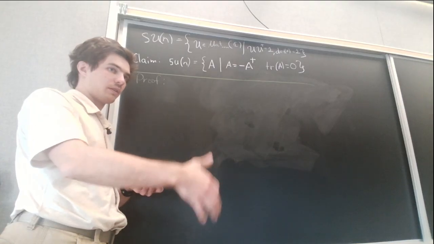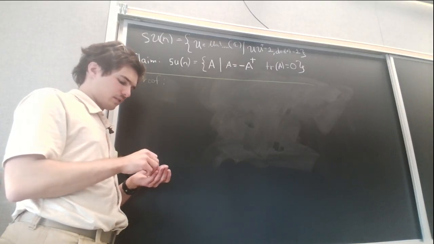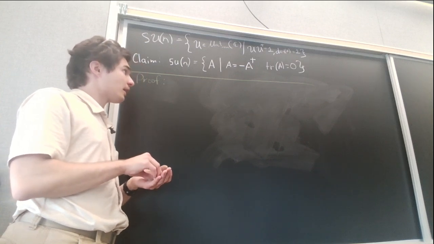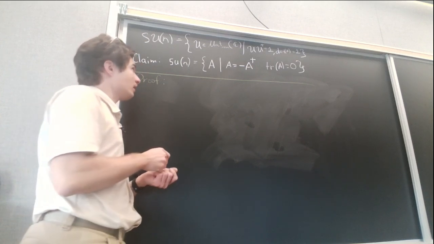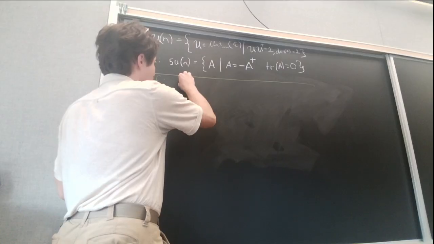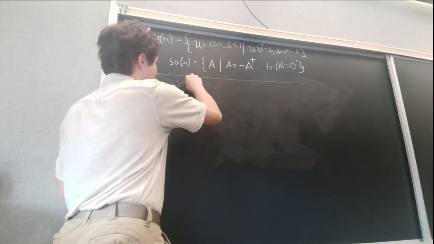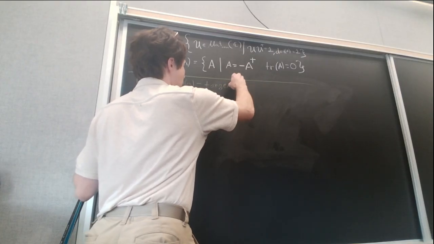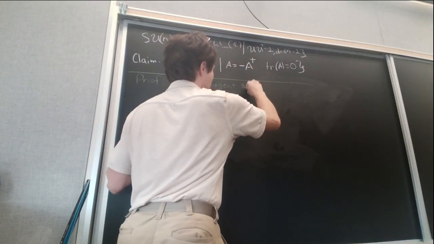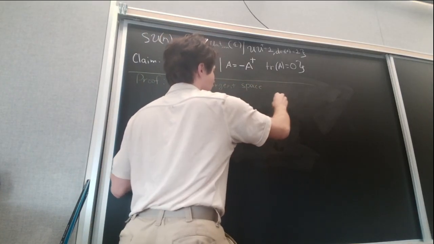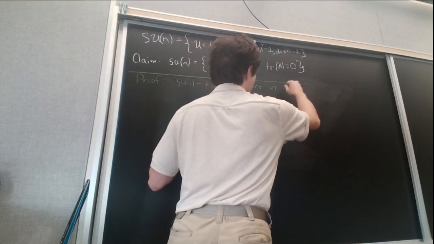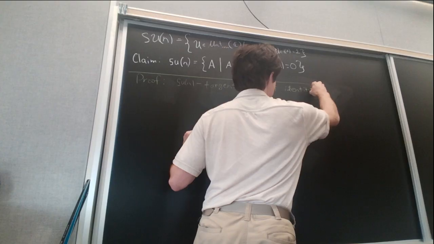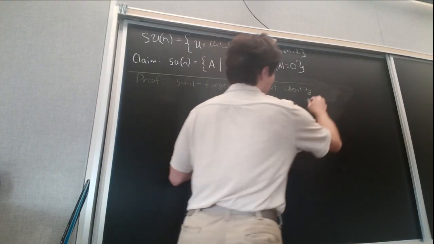So the Lie algebra is how it moves in that small space around the origin. Okay, that's related. It's the tangent space at the identity, right? So the Lie algebra of SU(n) is the tangent space at the identity of SU(n).